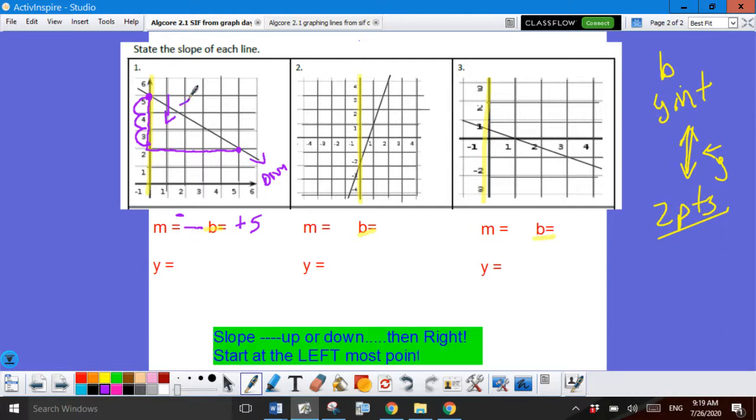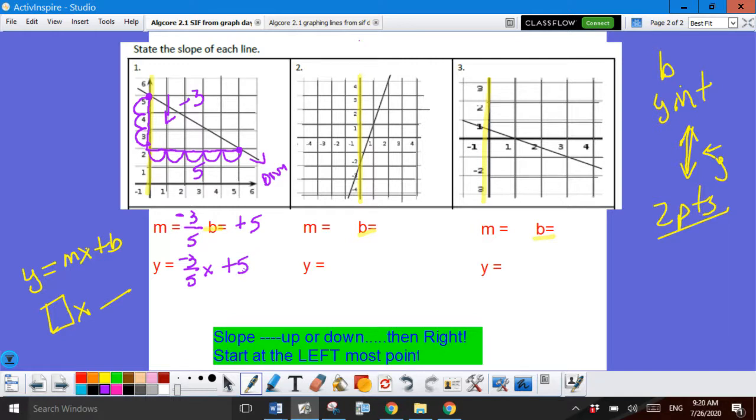And I went down, so that's negative 3. Then 1, 2, 3, 4, 5. So I have negative 3 over 5. And if you remember, our equation was mx plus b. So you were putting something in for x and then putting your b in. So I have negative 3/5 x plus 5.